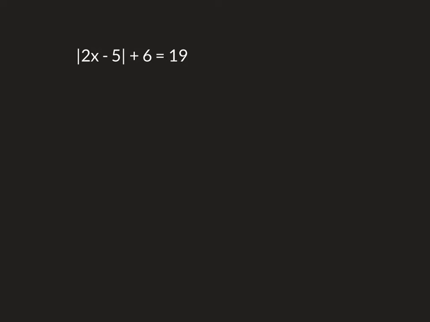Now we have something a little more complicated. Here's our absolute value, but now we have this plus 6 hanging out. So we need to first get the absolute value by itself before we can split this into our two equations.